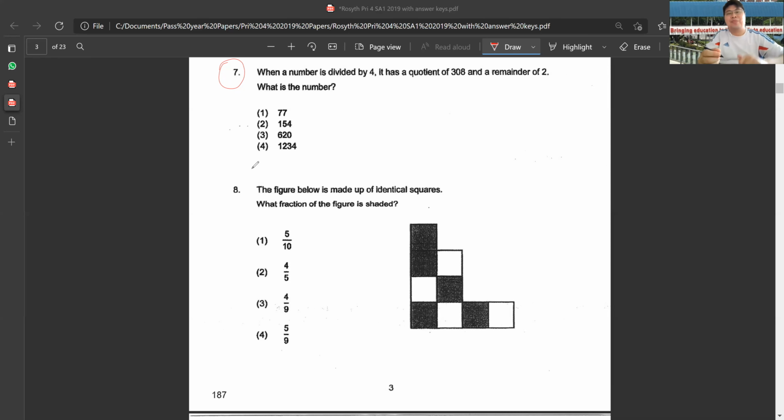Okay, you don't know what this number is, right? A particular number, I divide by 4, it has a quotient of 308 and remainder 2. So what is the question mark? How to find the question mark?